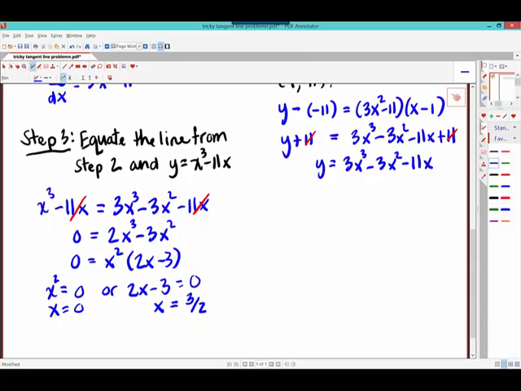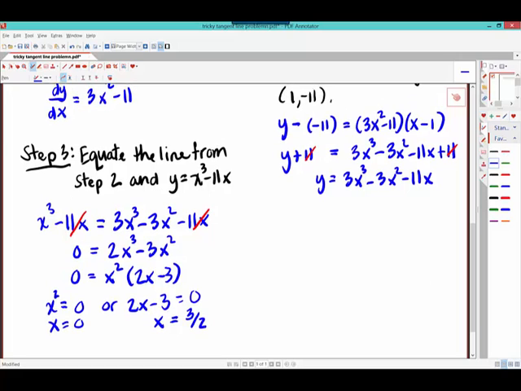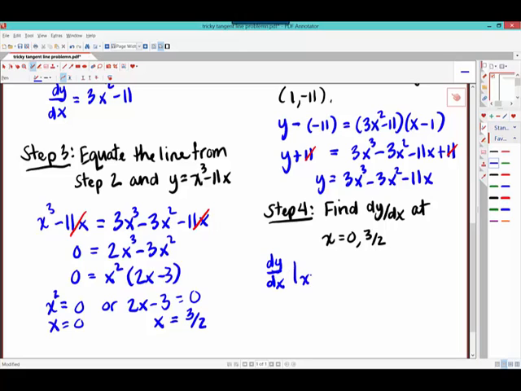So we're almost there. Now what we want to do is find the slope. So step 4, find dy/dx at x equals 0 and positive 3/2. So dy/dx at x equal to 0 is 3 times 0 squared minus 11, which is negative 11.